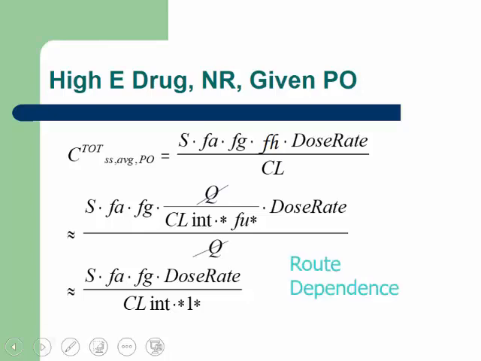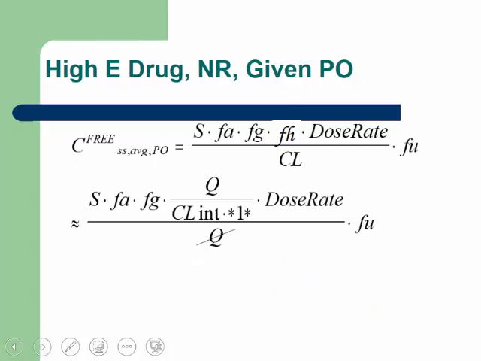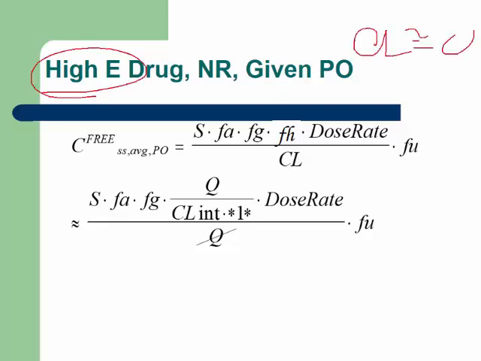Now, what if we look at root dependence, right? We talked about that. So now we have to talk about if we want to look at free concentration. So free concentration, non-restrictive, high extraction drug, all those things. High E drug, which means clearance is approximated by Q, and fraction that escapes first pass effect is approximated by Q over intrinsic clearance times fraction unbound.